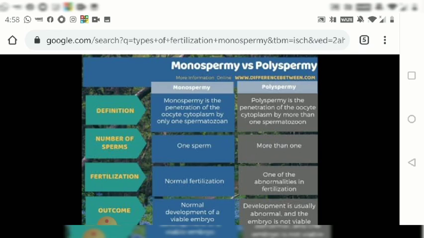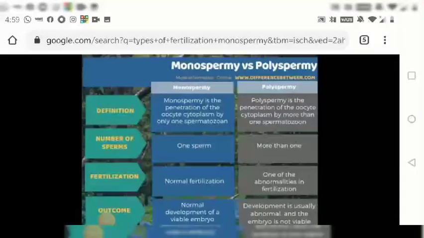So remember, in organisms with a heavy amount of yolk, the polyspermic condition occurs, and that is called physiological polyspermy. In this case many sperm enter into the egg, but the pronucleus of only one sperm unites with the pronucleus of the egg. The rest of the sperms will degenerate.